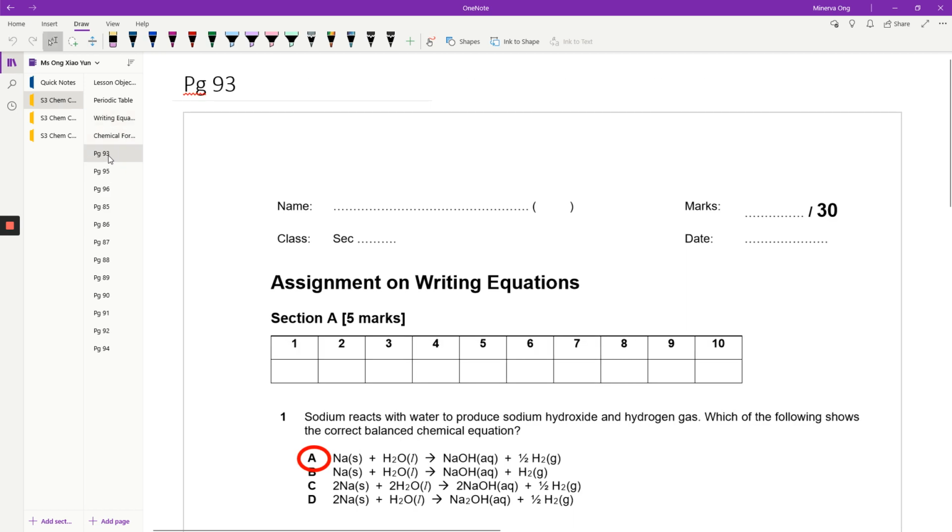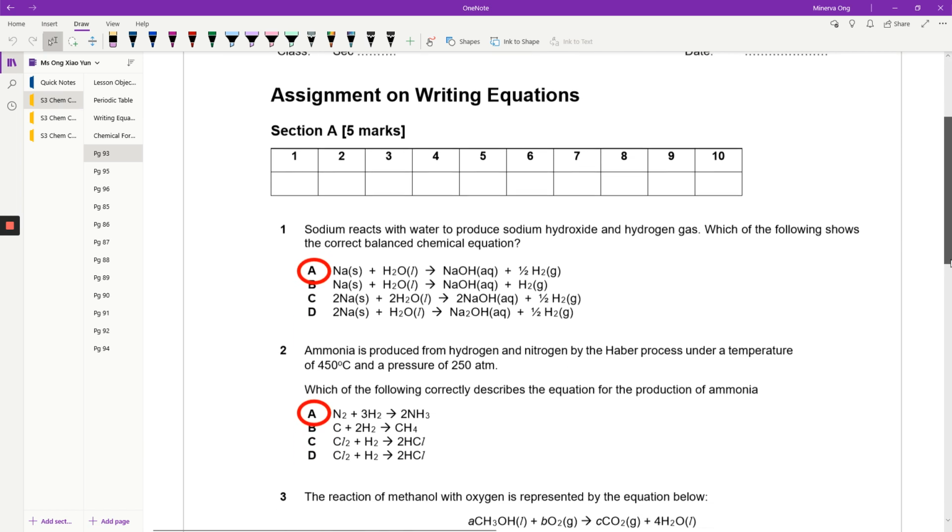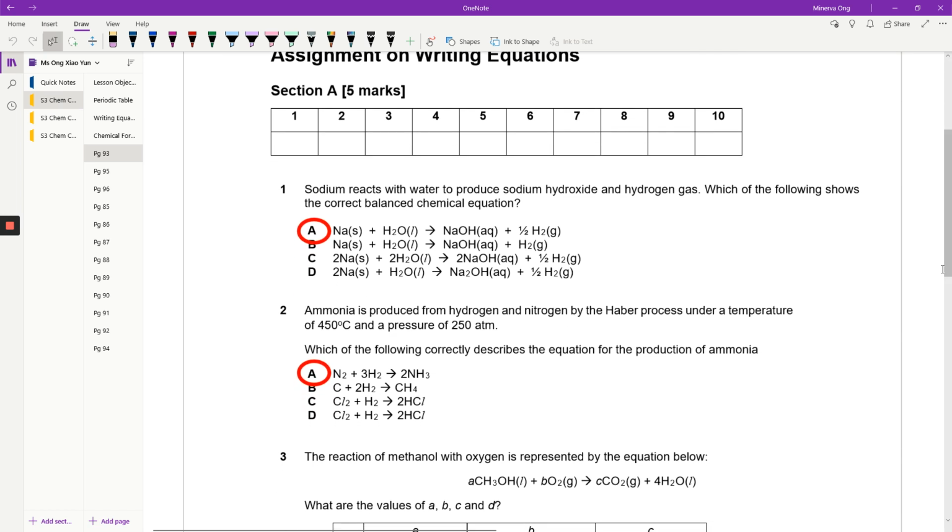To question 1 that you are given here. So what you do first is to identify all the reactants and products. So sodium, water, sodium hydroxide, hydrogen gas.